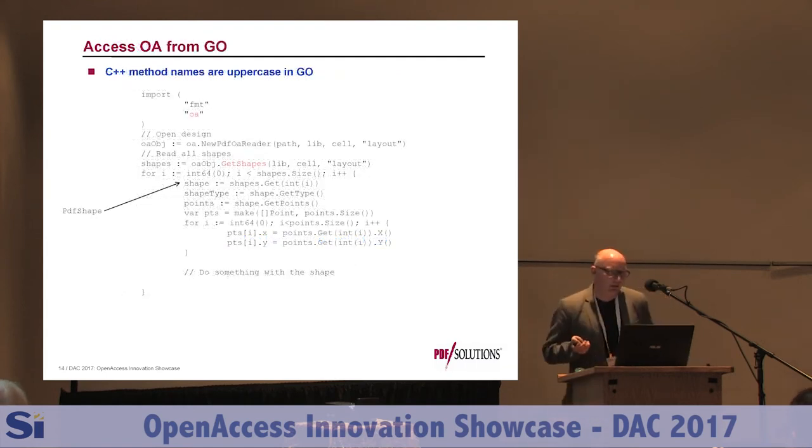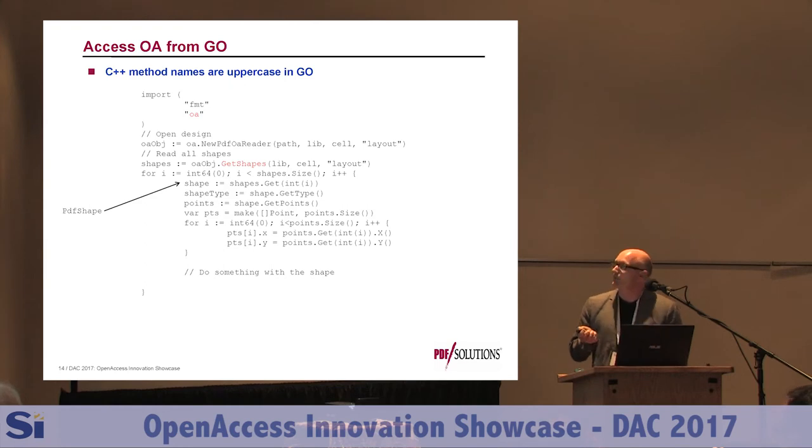Okay. Now, how do we access OpenAccess from Go? Since the library I just created with SWIG was already installed, I can use it simply with an import statement, import OA. And then I call this other function, which I didn't mention, which gives me an object onto an OpenAccess database, where I tell it the lib name and the cell name, and it's of type layout.